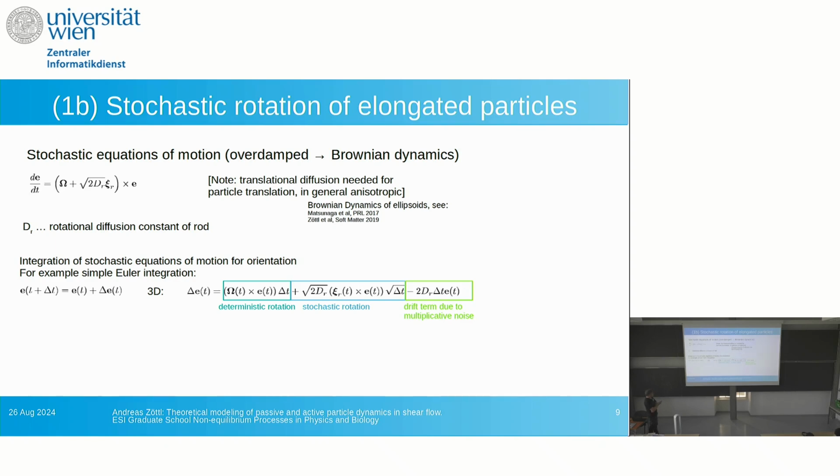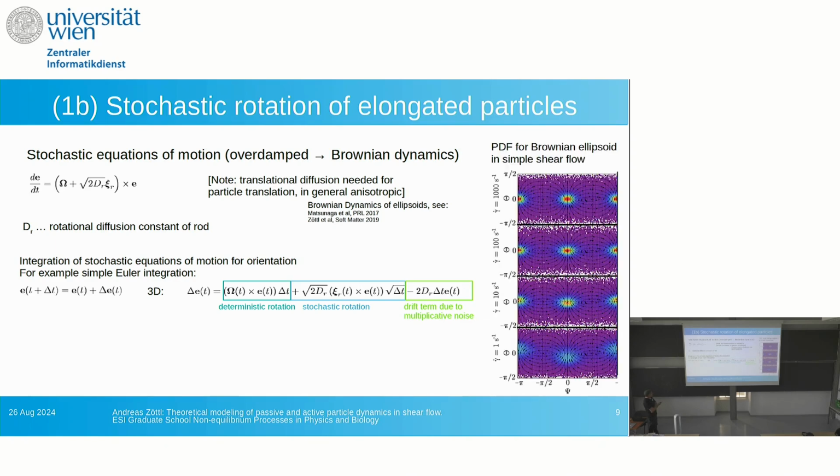And then what you see is, when you integrate these equations of motion and you again, for example, plot the probability density function, and now I keep the rotational diffusion constant, but I change the shear rate. When I increase the shear rate, this deterministic part becomes more and more important and the noise less and less important.